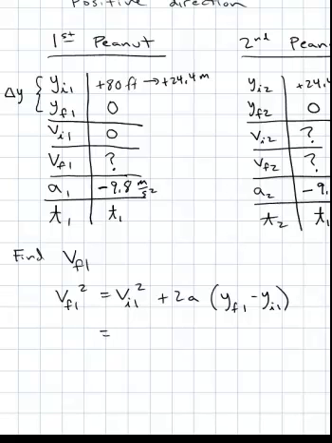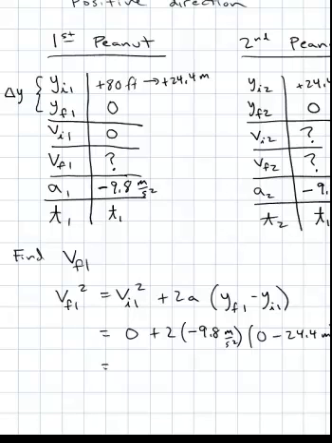And so my initial velocity is 0. My acceleration is negative 9.8. So always keep those negative signs with you. My final position is 0. My initial position is 24.4 meters.